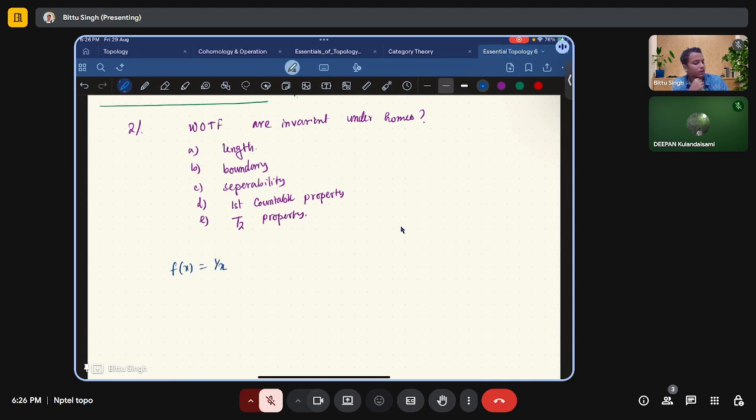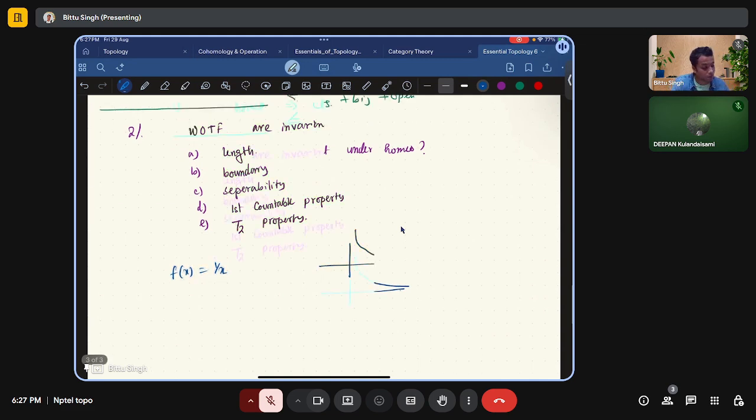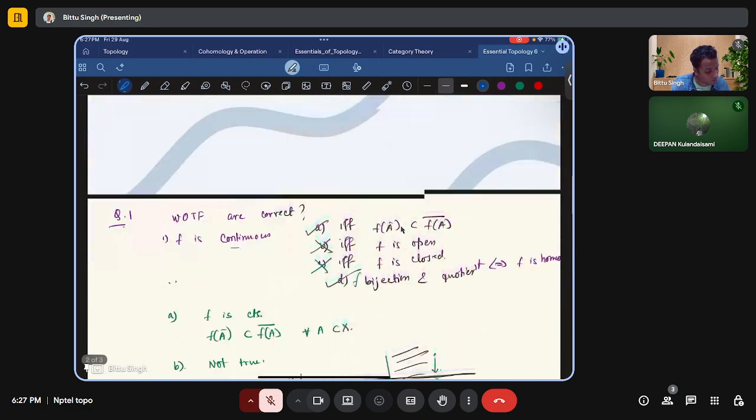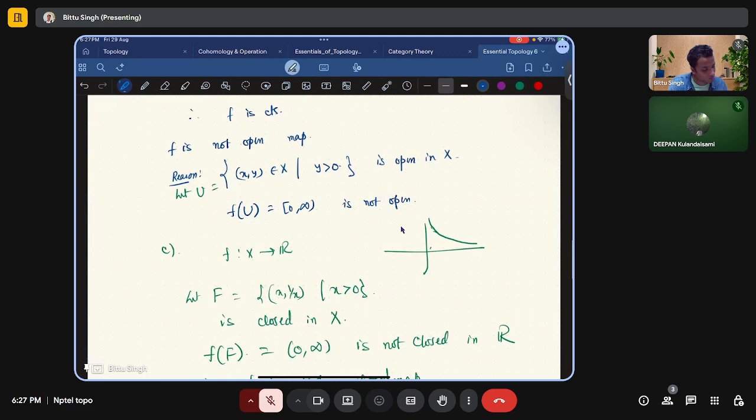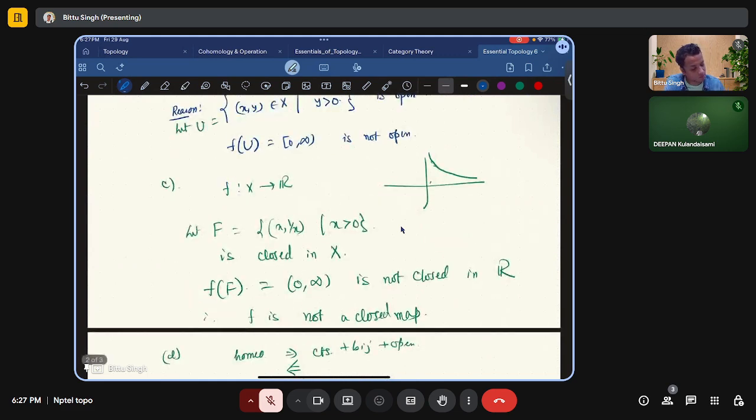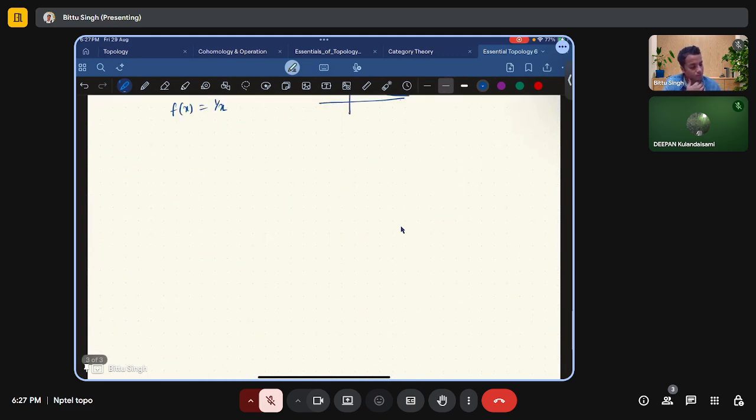So the image will be like, the graph will be like this. Sorry, here I think I have said something. The image means, yes, it is okay.